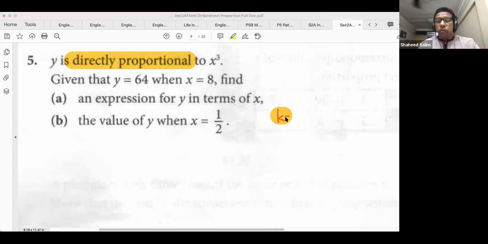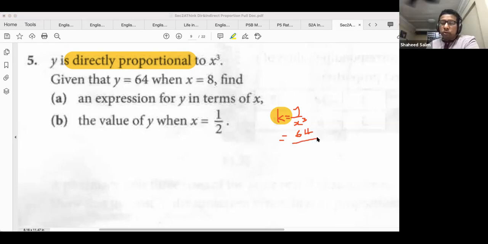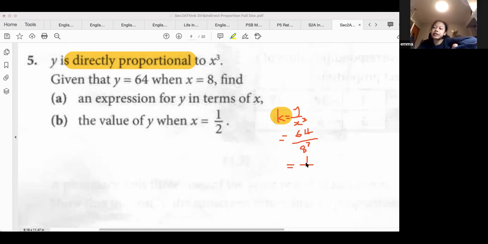K equals to y over x cubed, right? So y is 60. I forgot about the cube. You must put the cube. So what do you get? 8 is how much? K equals 1 over 8. Good.